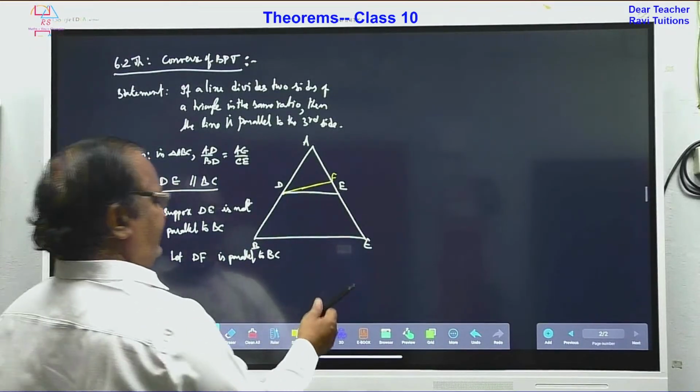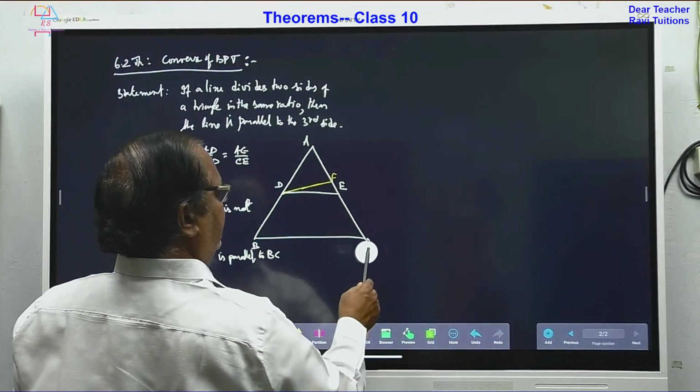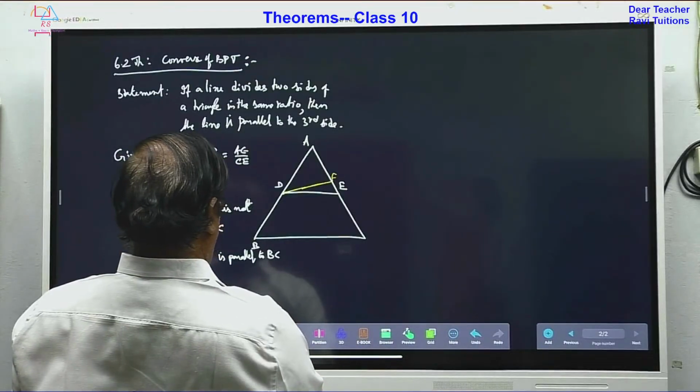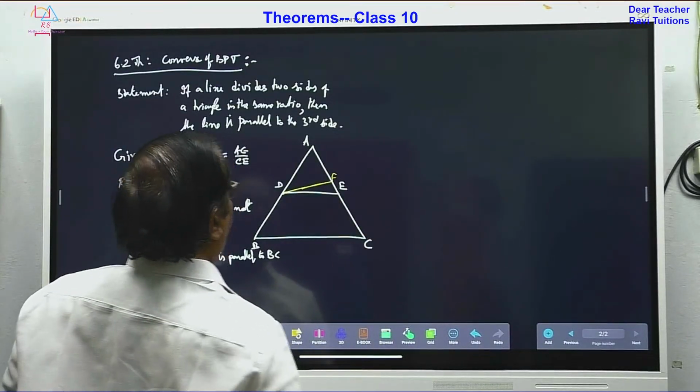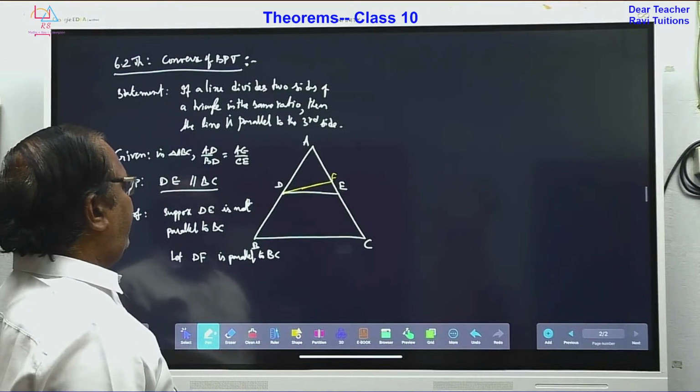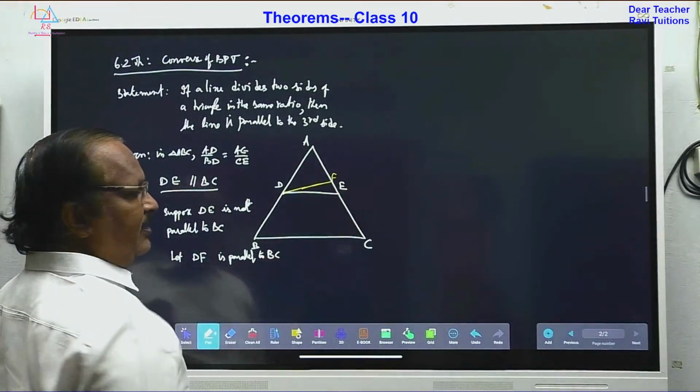This is triangle ABC. So DF is parallel to BC.